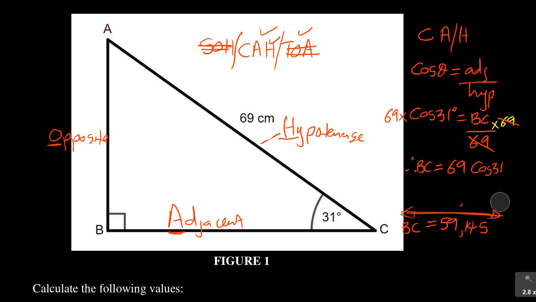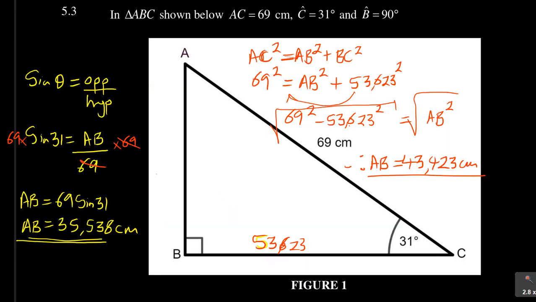So which means this was an error there, and the answer is actually 59.145. So BC is equal to 59.145. Now let us check again if we are still getting the same answer.